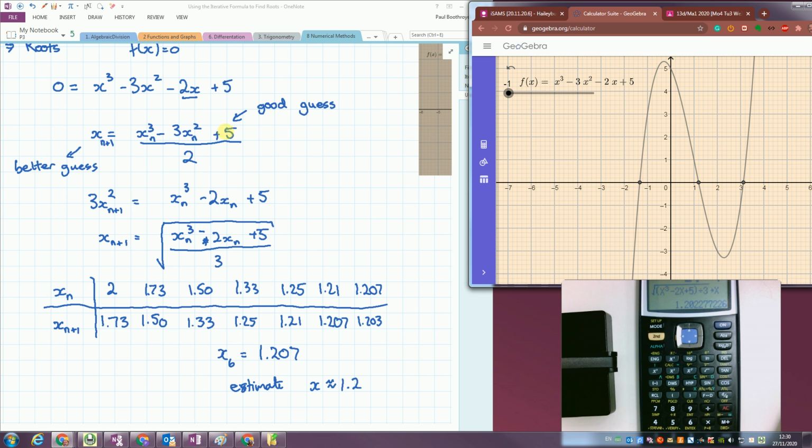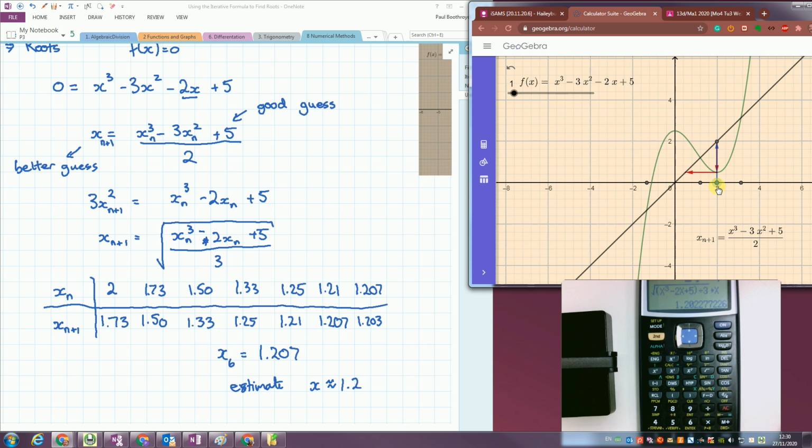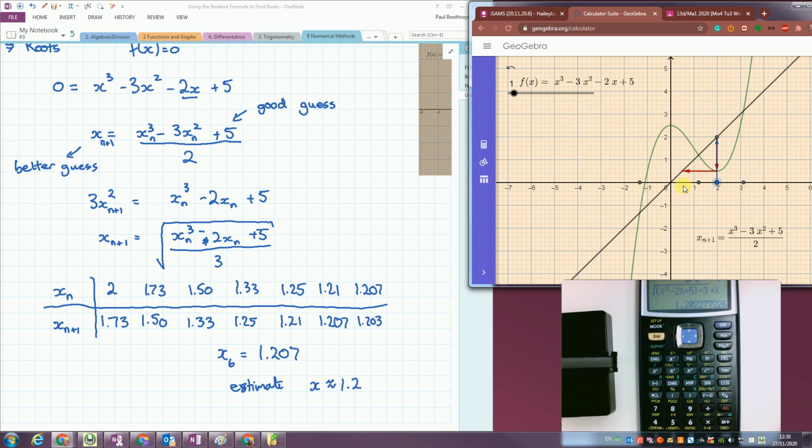So let's see what can happen if we try this form. I'm going to try putting some good guesses in. My iterative formula when I rearrange is a cubic, the green line. I'm going to take a first guess at 4, and it zooms off to nowhere again. Let's try starting with 2.